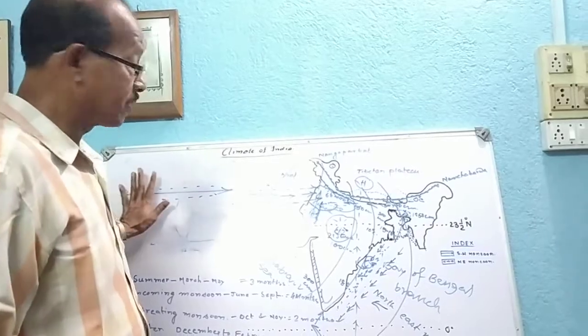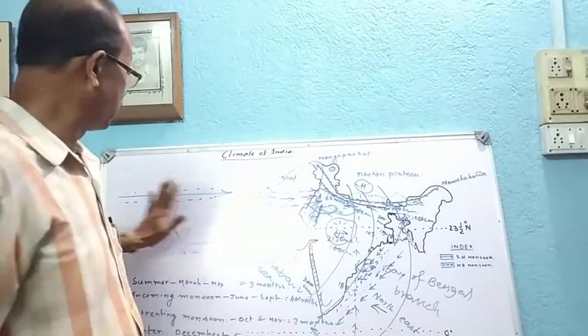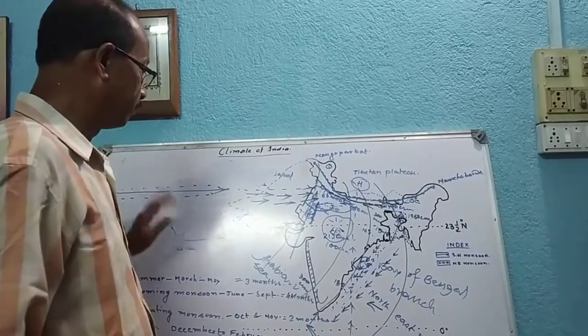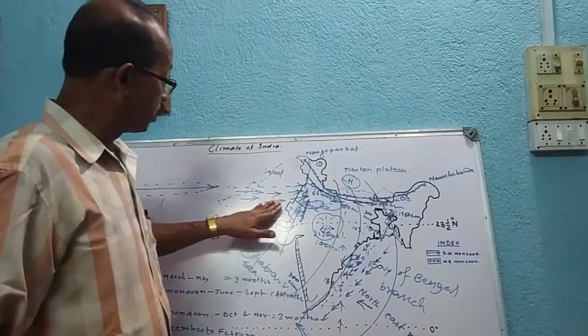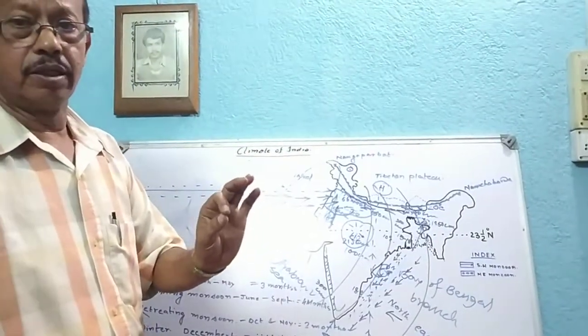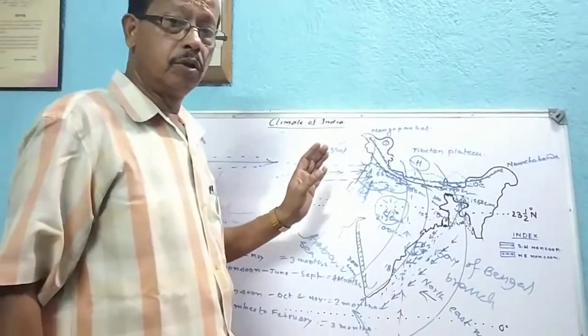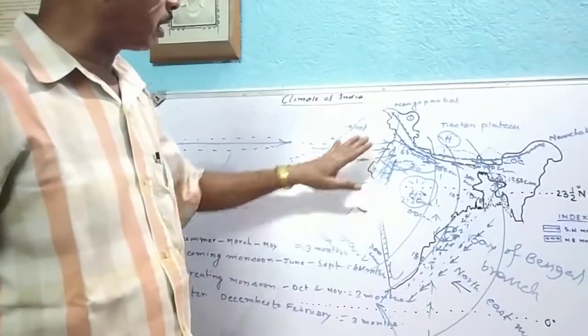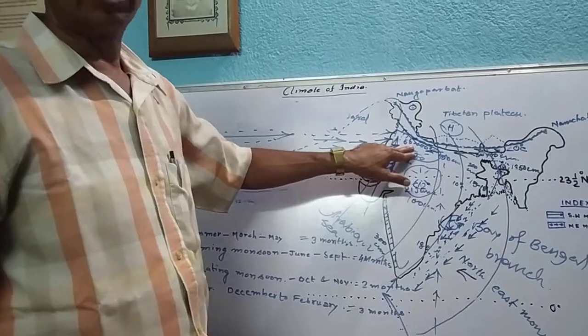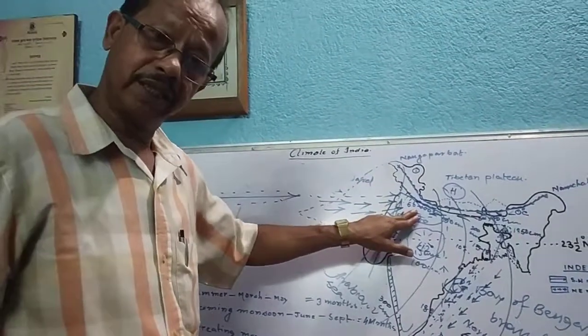On the other hand, in the eastern part of Central Asia, it is called the westerlies disturbance. Due to presence of this westerlies disturbance, the northwestern part of India receives a certain amount of rainfall, which is ideal for the cultivation of wheat in winter.